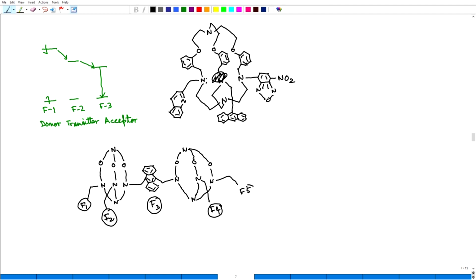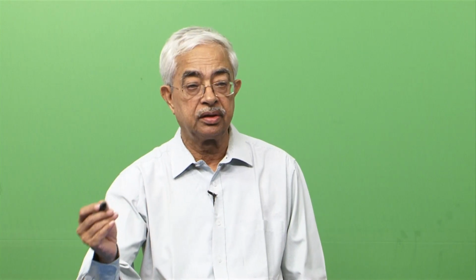So, you can see F1 you excite, energy will be transferred to F5, and if this one you excite in UV range, you get emission at infrared. So, that way you get infrared light, that is also important. So, there are many importance of this FRET.